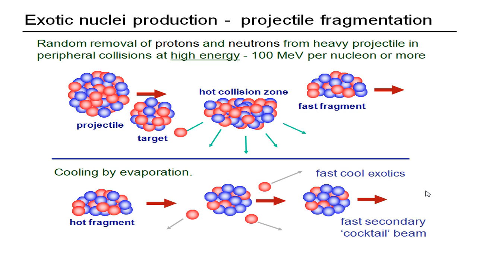They cool down and they're traveling forward still very fast, and that's the thing that we do experiments with. Okay, so it's a lot of hard work to produce these things and separate them, but say it's these guys that are produced in fragmentation facilities with energies of typically 100 MeV and greater, which are the discussion.